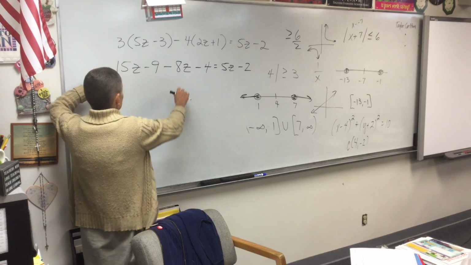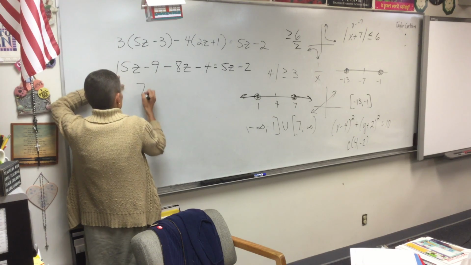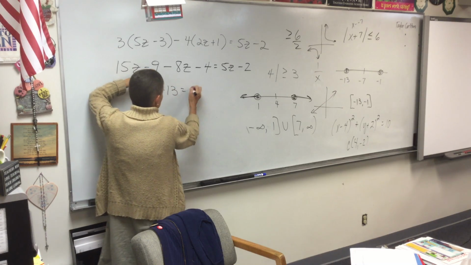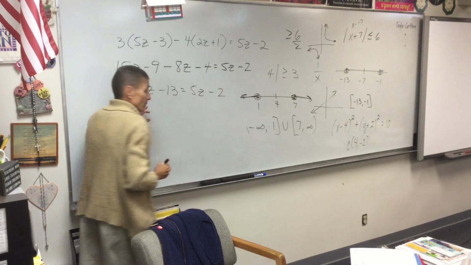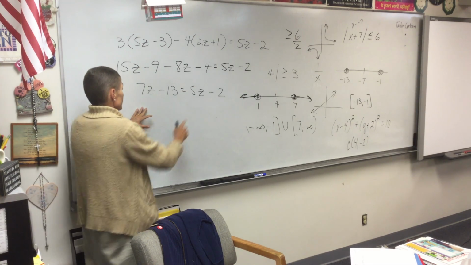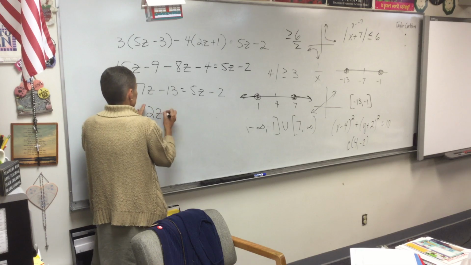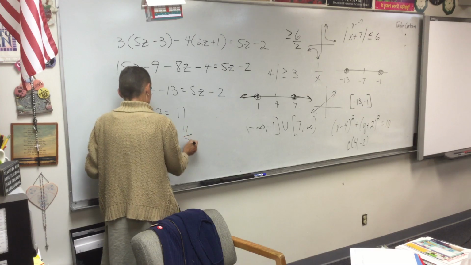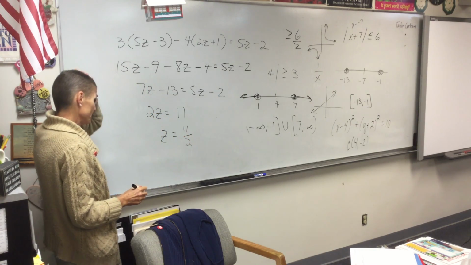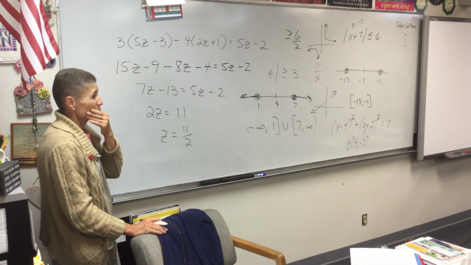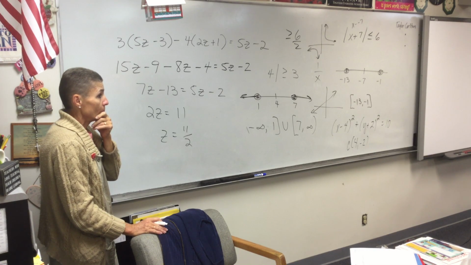All right, collect like terms. 15 minus 8 is 7 minus 13. Is that okay with everybody? Bring this guy over here. This guy over here. I got 11 halves. Did I make a mistake? Pretty easy. Straight out of the homework.